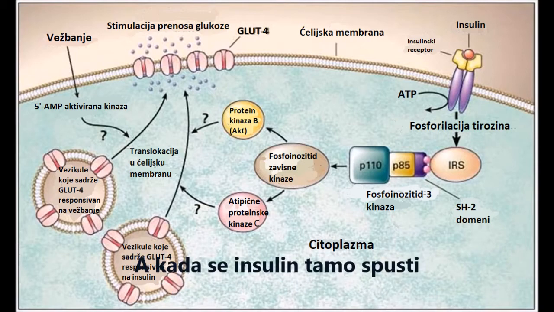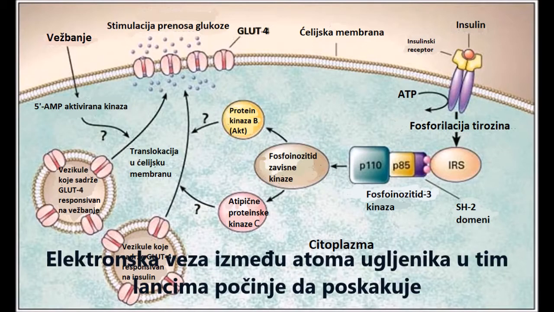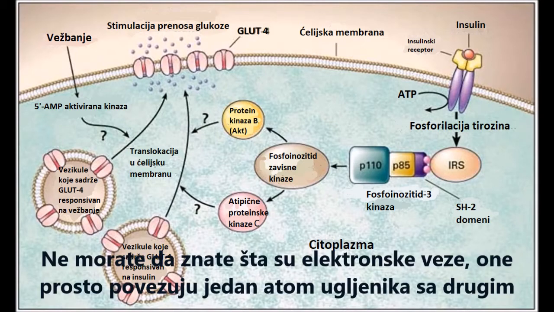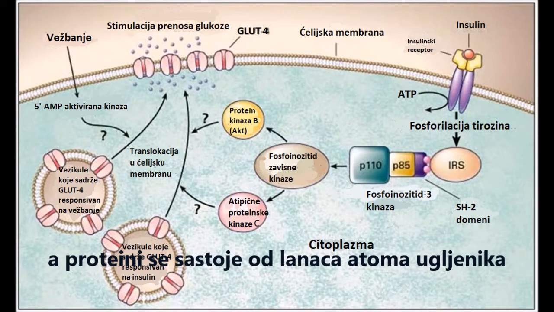And when insulin lands there, the electron bonds between the carbon atoms in those chains start jiggling around. You don't have to know what electron bonds are. They just connect one carbon atom to another, and proteins are made up of chains of carbon atoms.